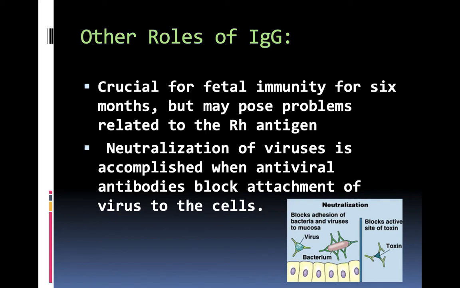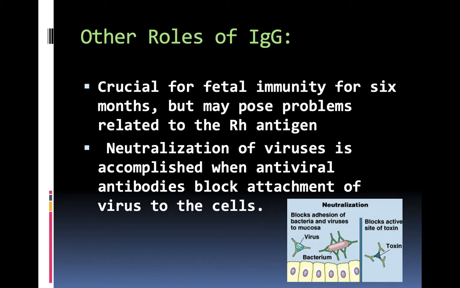Therefore, fetal immunity owes a lot to our IgGs. They are crucial for fetal immunity, normally for 6 months, since during this early period the newborn's immune system is still very naive. Though it might be problematic if we factor in blood-specific antigens like Rh, in the case of transplacental transfer of IgGs.